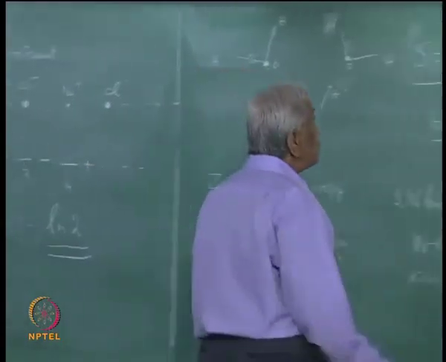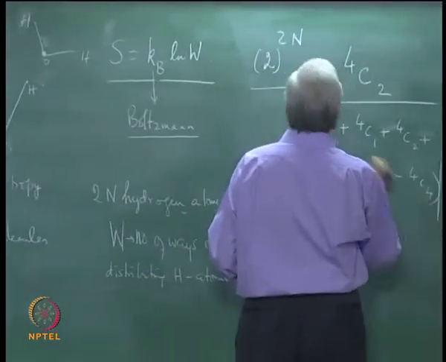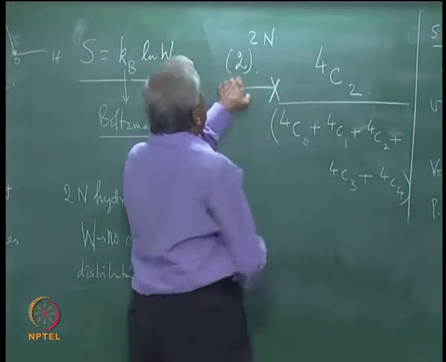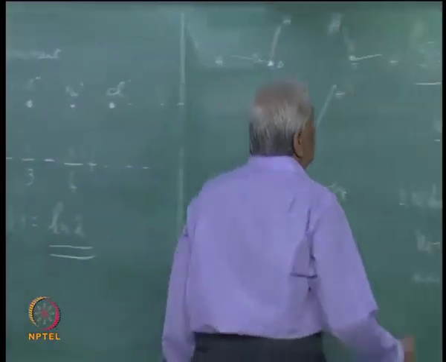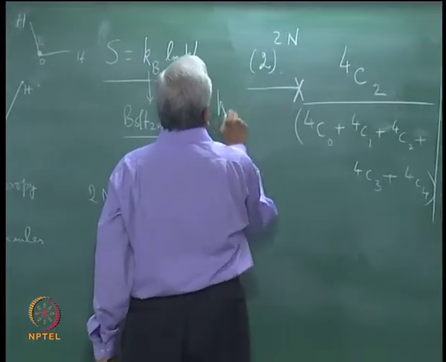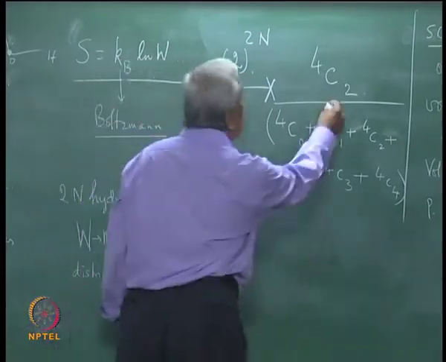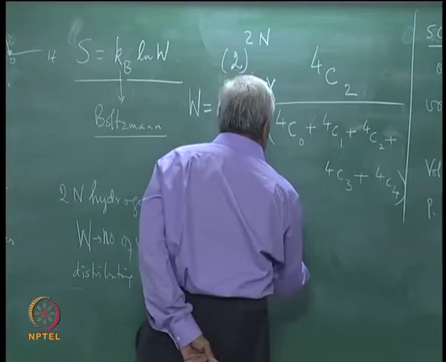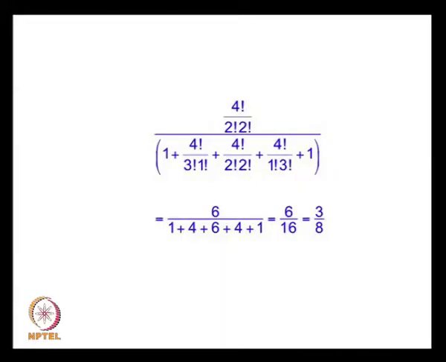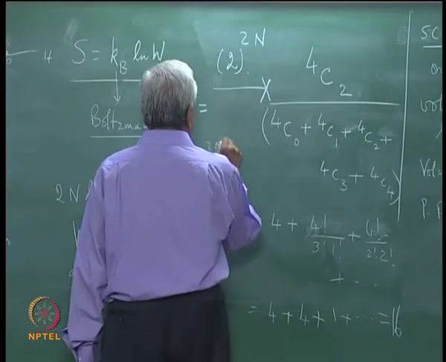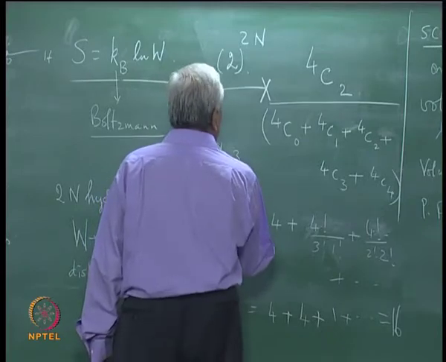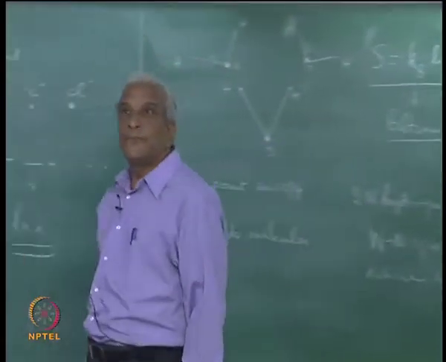So, it is the ratio of these together multiplied by the total 2 to the power 2n, which gives you W. And this ratio, as you can readily verify, so this will be 2 to the power 2n times 3 by 8 to the power n.